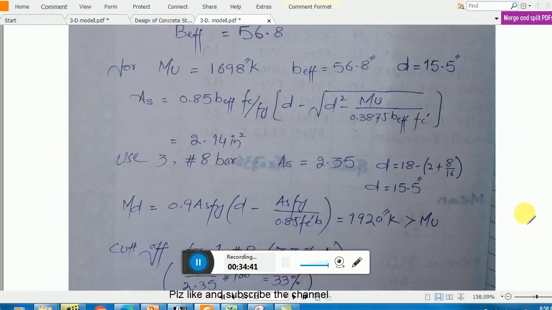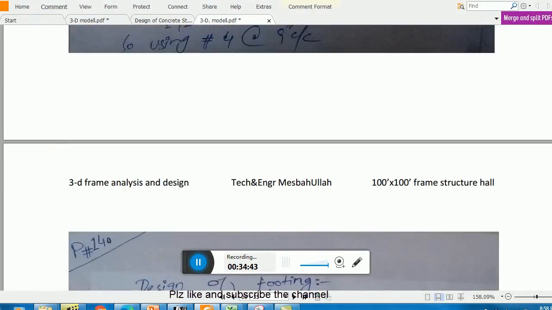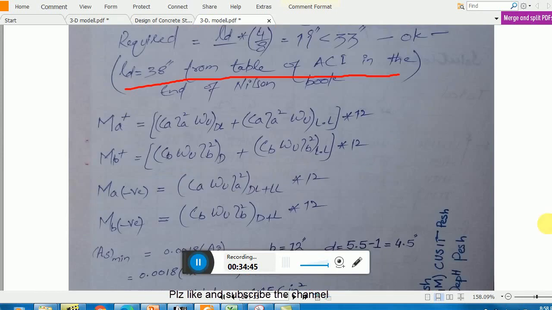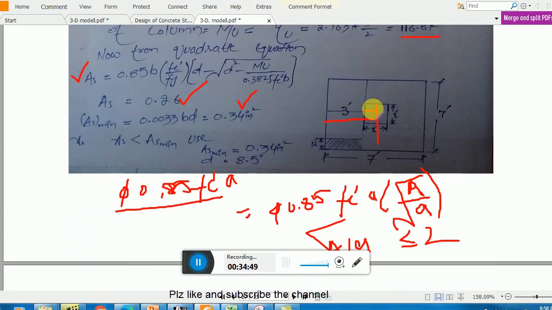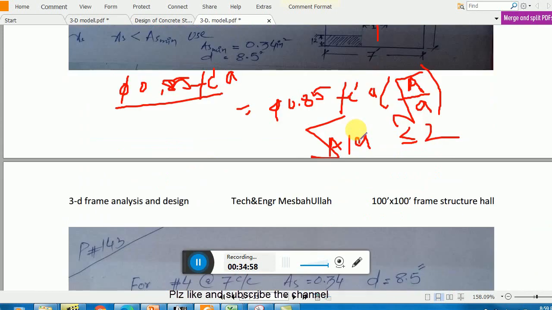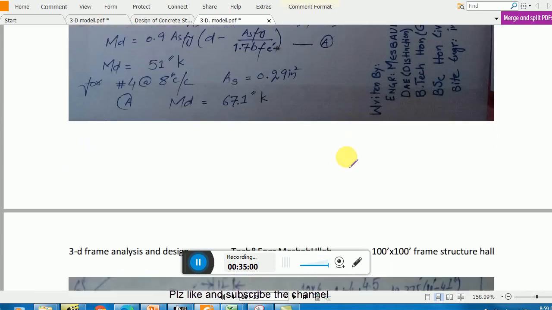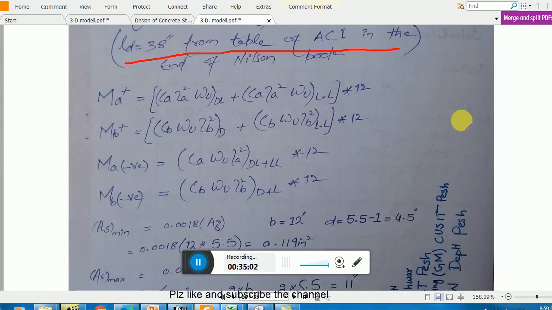Now I have to check this Asd dowel area with my column reinforcement area. As we provide basically in the column 4 number 6 bars, where are they, let me check it. Yes, there we are providing 4 number 6 bars. So 4 number 6 bars will give me how much area, we have to determine it.